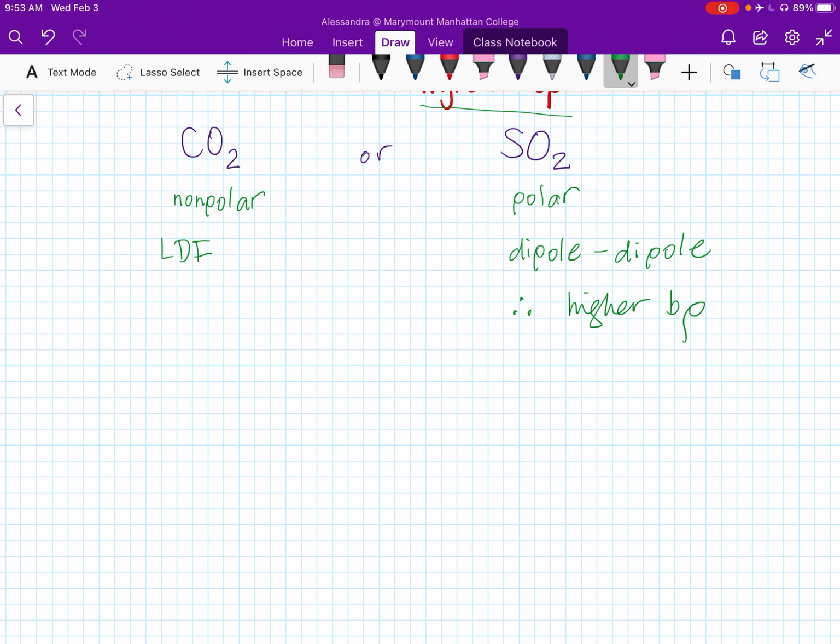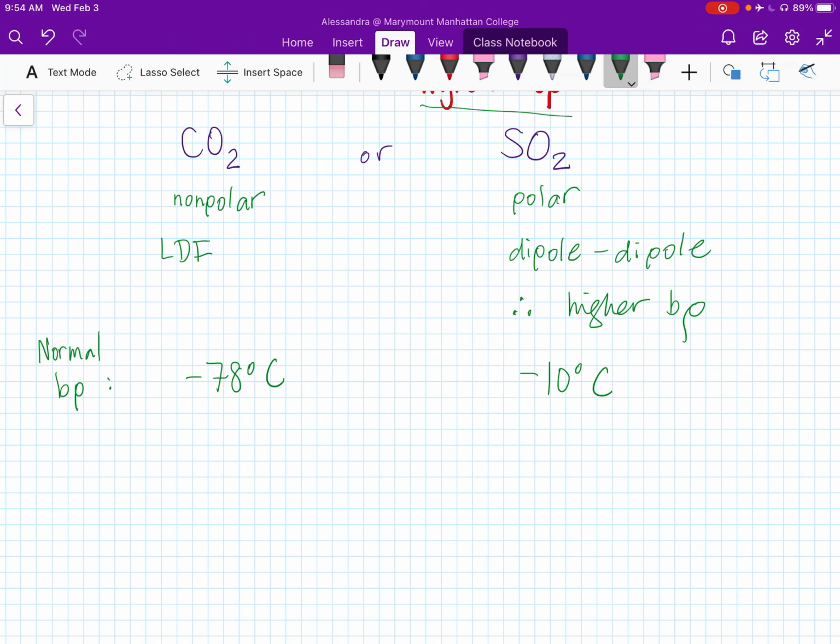Let's look at the data. Here are the normal boiling points for carbon dioxide and sulfur dioxide. Carbon dioxide has a normal boiling point of minus 78 degrees Celsius. Sulfur dioxide has a normal boiling point of minus 10 degrees Celsius. So again, we're still in the negatives here for these relatively small molecules.